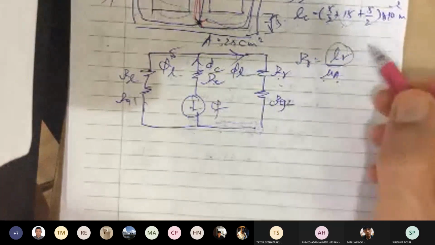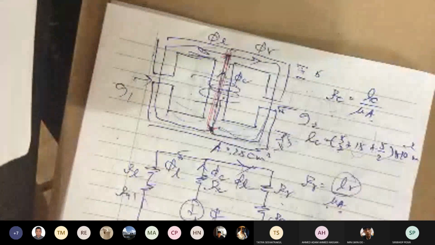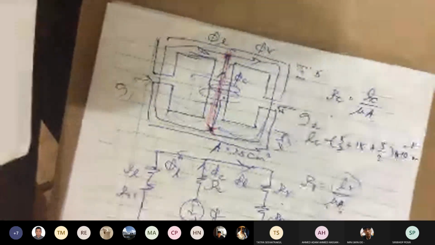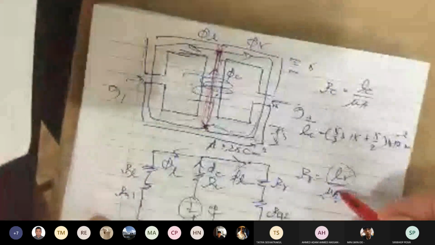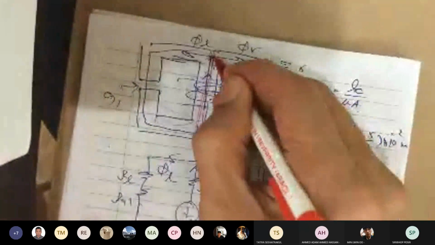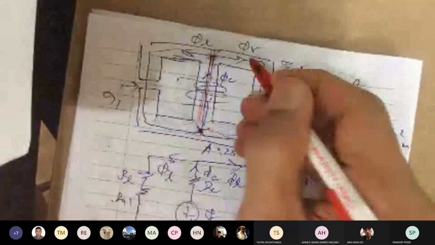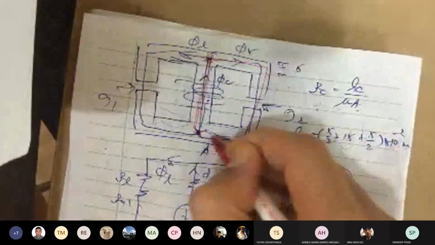Now L right is the one that people get confused about. I'll use the red ink. L right starts from this point where the split of the flux starts. Then it goes from here, comes down, and completes until this end.